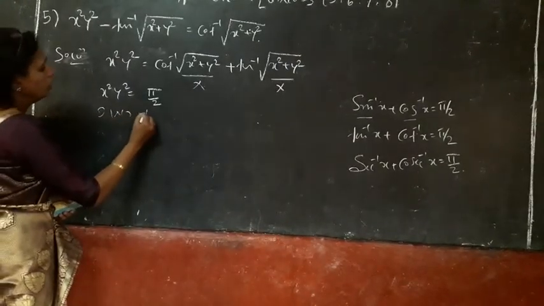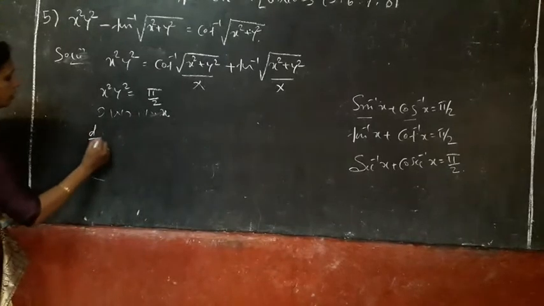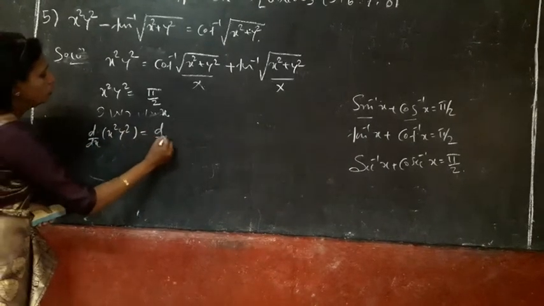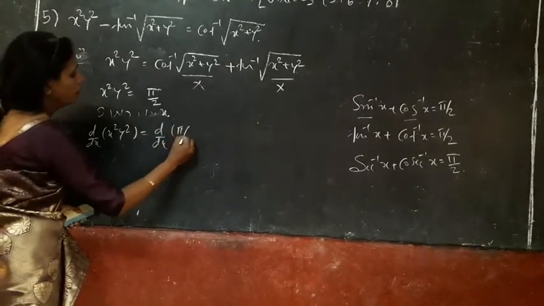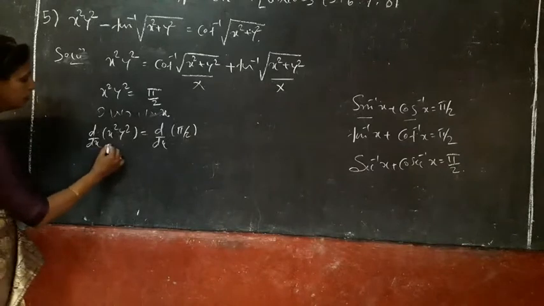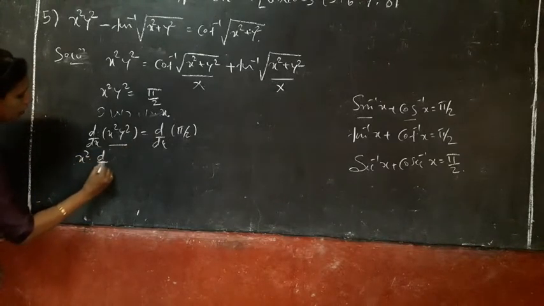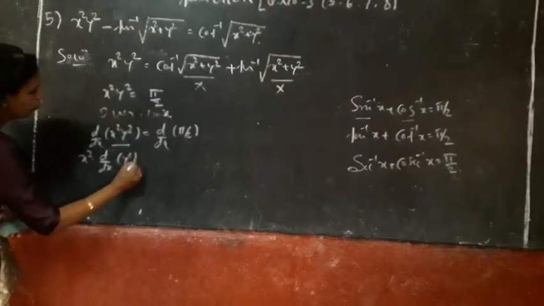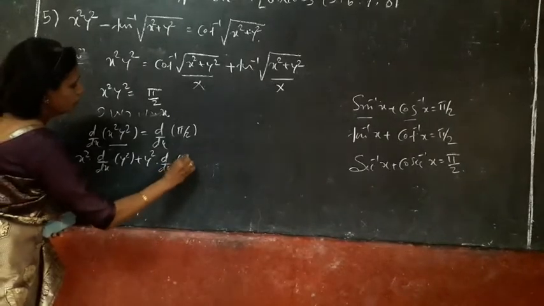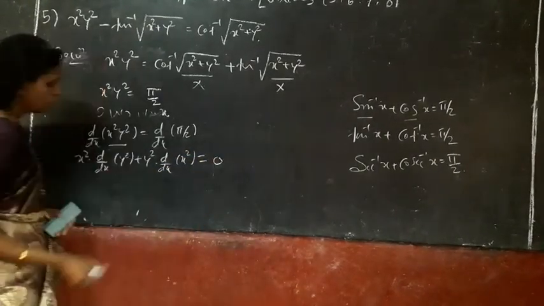Differentiating with respect to x, that is d dx of x square y square equal to d dx of pi upon 2. Apply here the differentiation of product formula: x square d dx of y square plus y square into d dx of x square, and differentiation of pi upon 2 is 0 because this is a constant term.